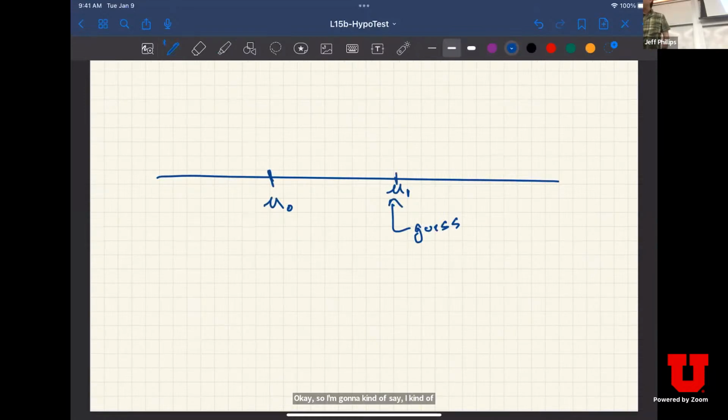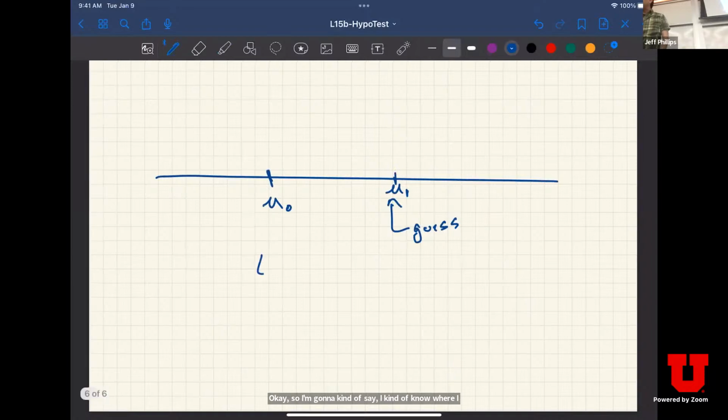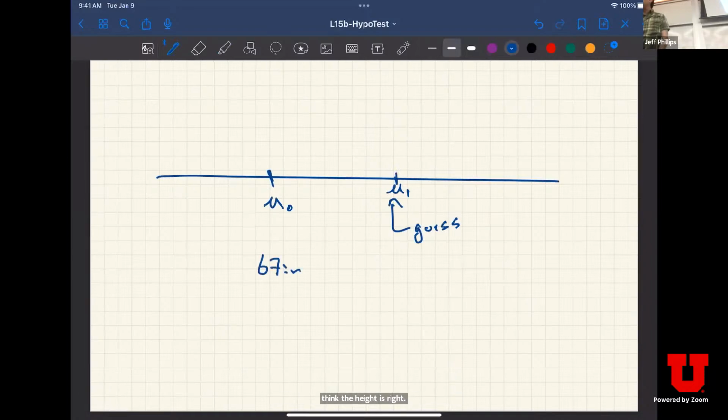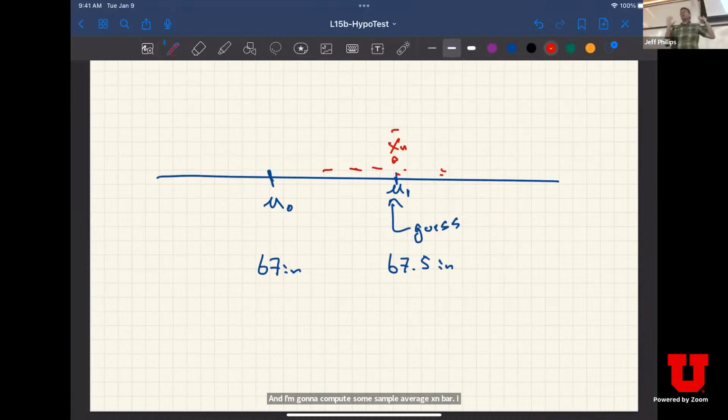Maybe this is 67 inches, and this is 67.5 inches. Then I'm going to collect a bunch of data and compute some sample average xn bar. I think it'll look somewhere around there.